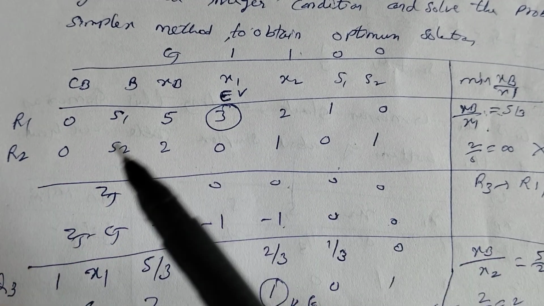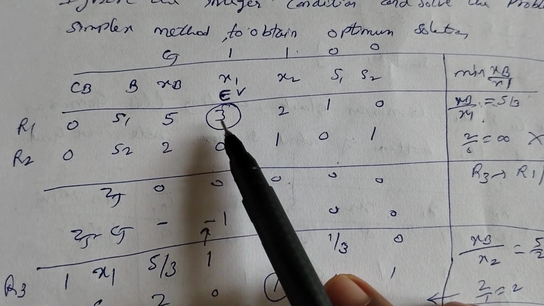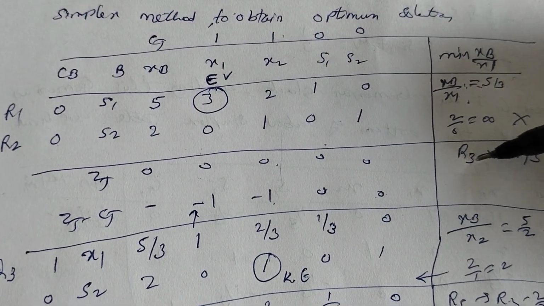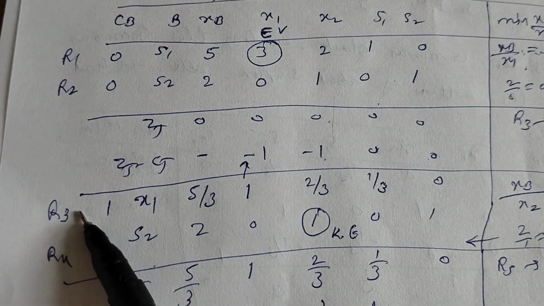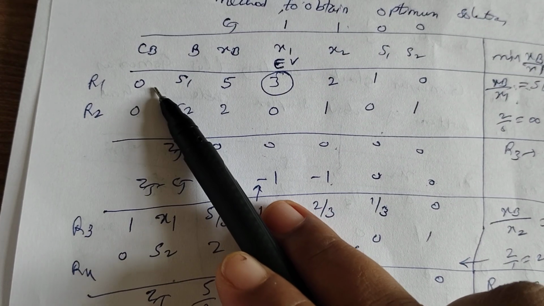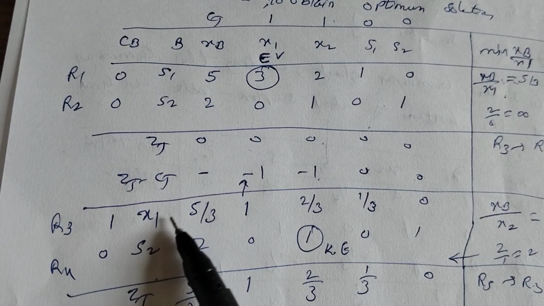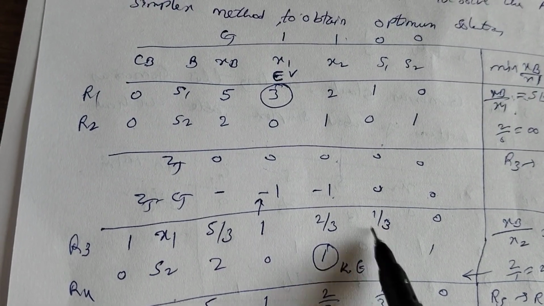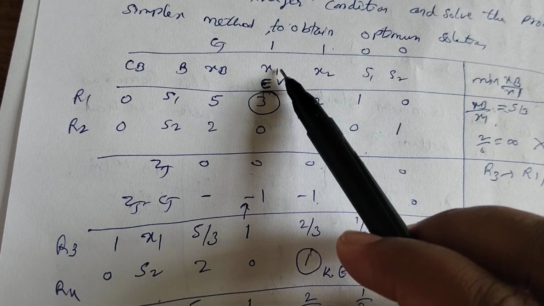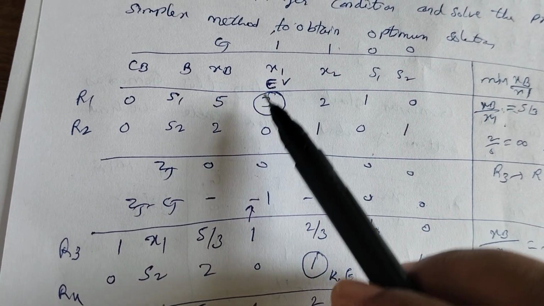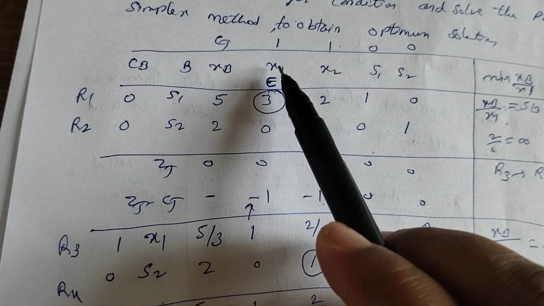Before that, write down the rows as R1 and R2, and for this transformation you write that the new row R3 changes to R1 by 3. R1 is divided by 3, and whatever the new transformation comes, you fill in R3. Here the leaving variable becomes s1 and the entering variable becomes x1.